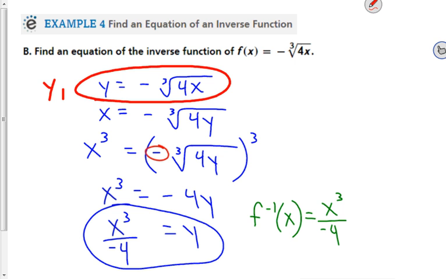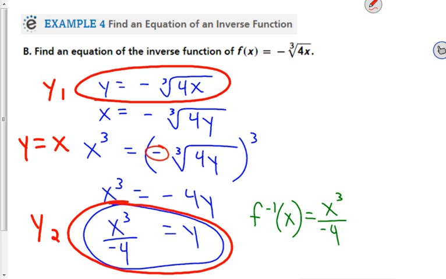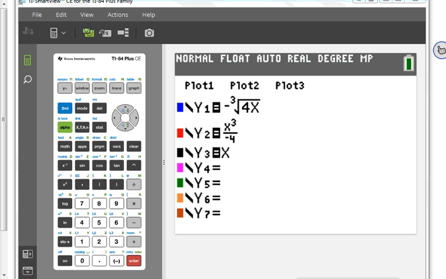We're going to graph the inverse as y2, and then we want to graph the line y equals x as y3, because we know that's the line that they will reflect across. So I've entered the original function as y1, the inverse as y2, and y equals x as y3. Zoom 6.